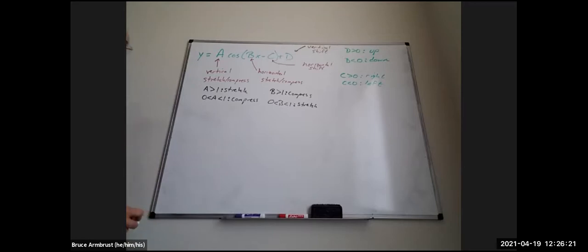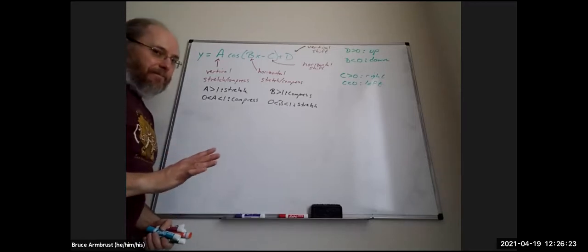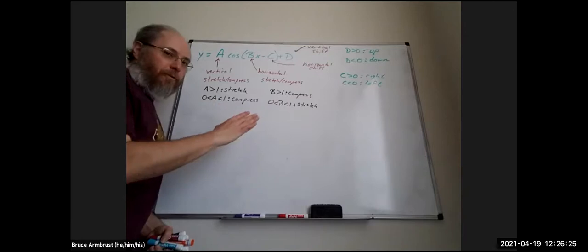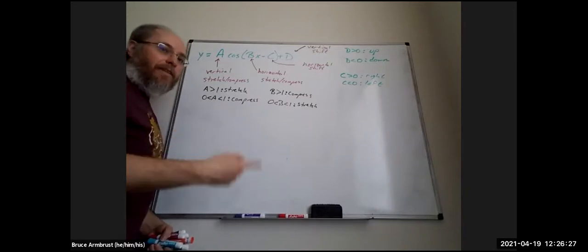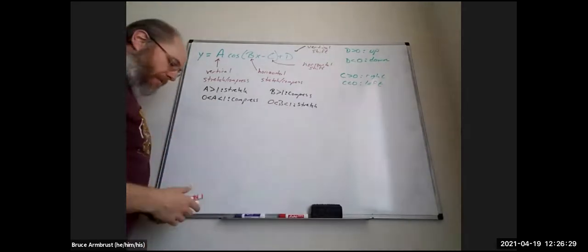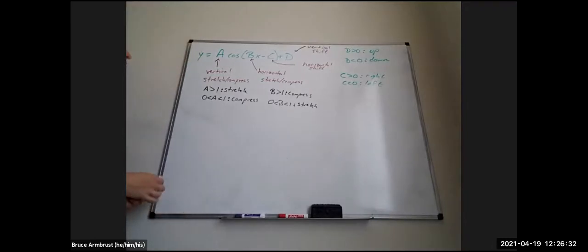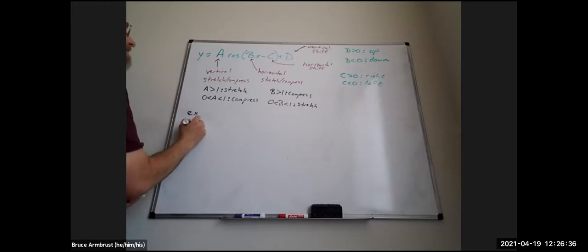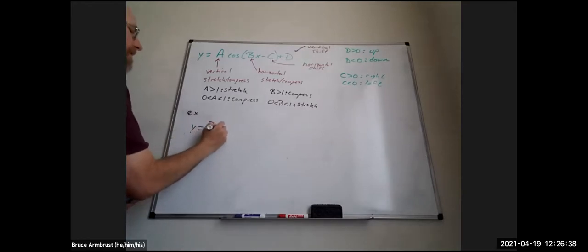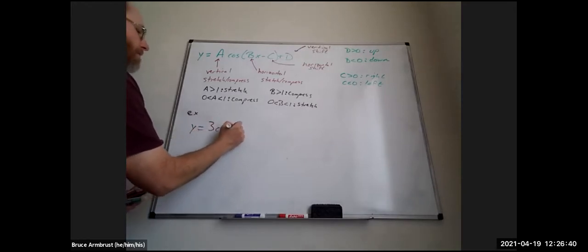Okay, so let's just start with one at a time. I'm not going to put all 4 in. Let's just look at one of them at a time, and then we'll start combining. All right, so what is A going to do? So let's say we've got y equals, say, 3 cosine of theta, or cosine of x.